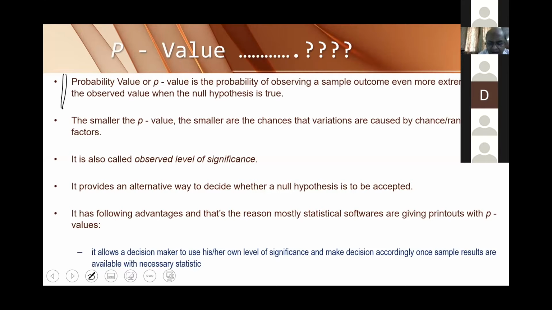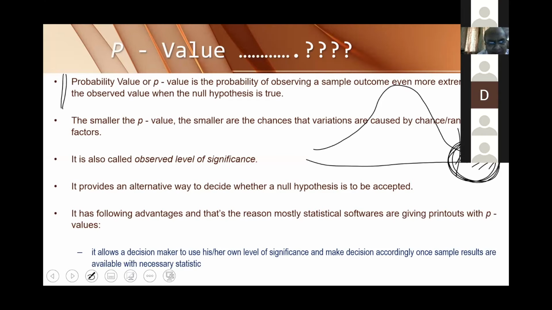Please understand and mind these words. The sample outcome even more extreme than the observed value when the null hypothesis is true. What does it mean? If we have a null area like this, the extreme value is in my tail. That means the p-value is always my tail probability value.